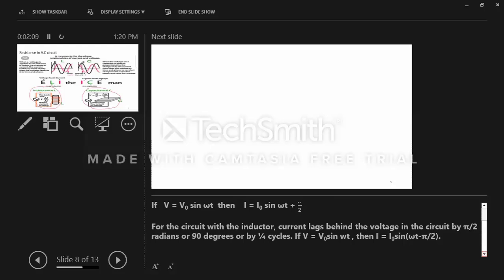And since current lags behind voltage, one could say that voltage leads current by pi over 2, or 90 degrees, or by a quarter cycle. So please, I don't want you to be confused. Now look at the expression for the inductive circuit: I equals I naught sine omega t minus pi over 2. But for the other one, it was plus pi over 2. Okay, so that's the additional information I needed to show to you.